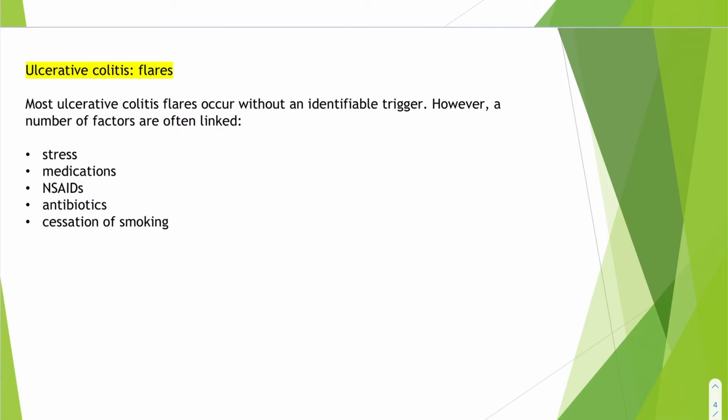This is a very important cessation because smoking can make Crohn's disease worse. But in case of ulcerative colitis, if a patient is a smoker, then in some way it helps the ulcerative colitis. And when the patient stops smoking, there may be flares of ulcerative colitis.